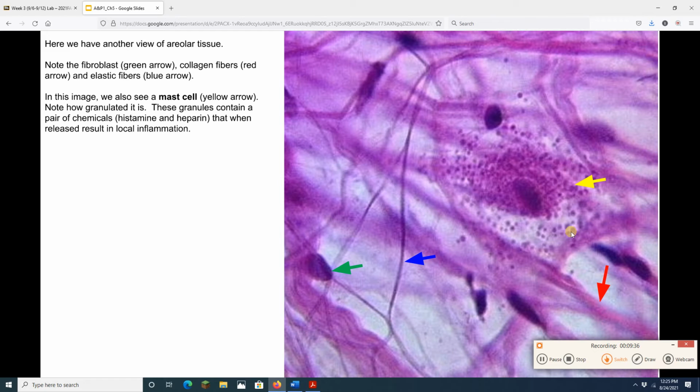In fact, he's kind of lost some granules as they made the slide here. All these little dots are granules, little bags in the cell that are filled with some inflammatory chemicals. And those two inflammatory chemicals are histamine and heparin. They cause inflammation.